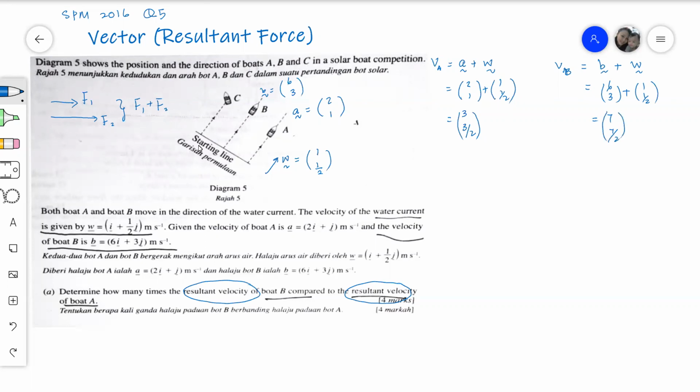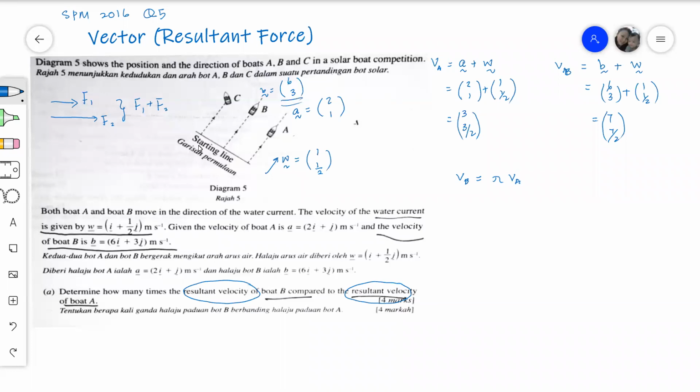Okay, so let's find out how many times boat B is compared to boat A. So their relationship is VB equals lambda VA, because boat B must be moving faster.